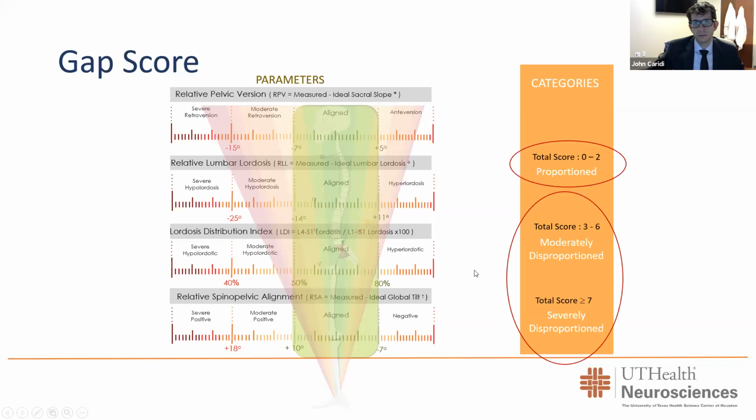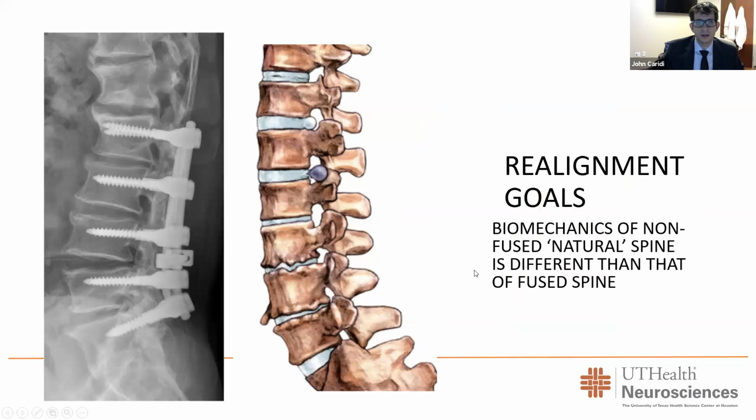And the key thing to understand is that this is not a scale that's looking at patients who have a native spine. It's looking at how patients should be fused. So if preoperatively you're looking at somebody's GAP score, it's not necessarily relevant to them because their spine is still not fused.